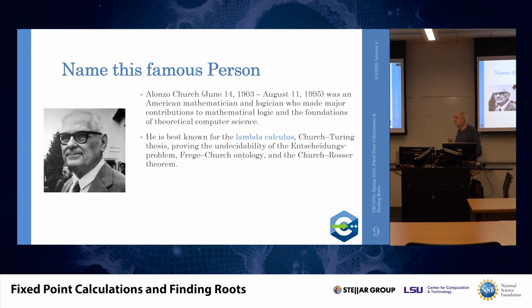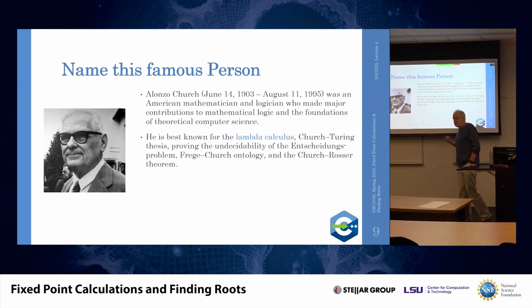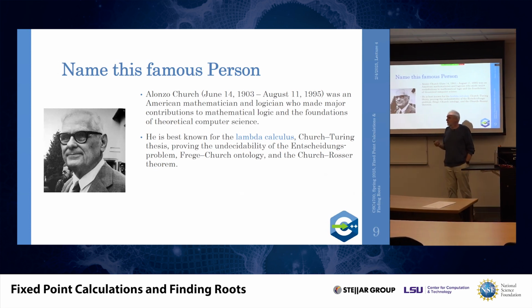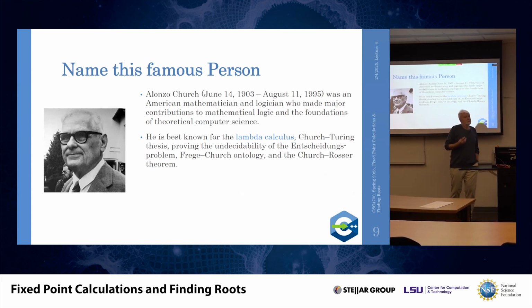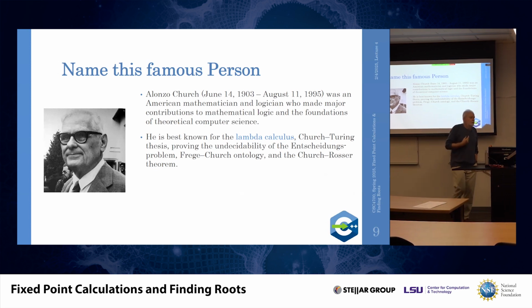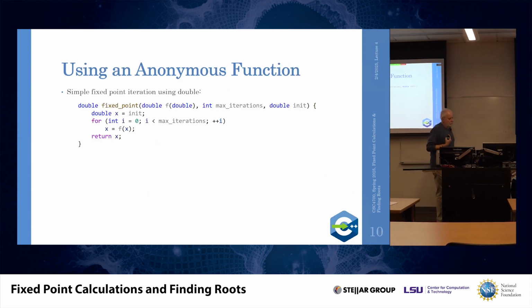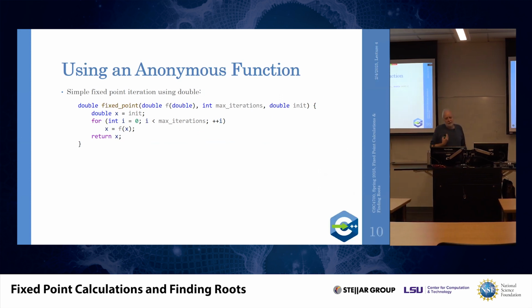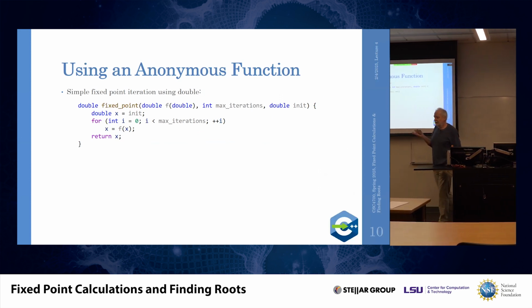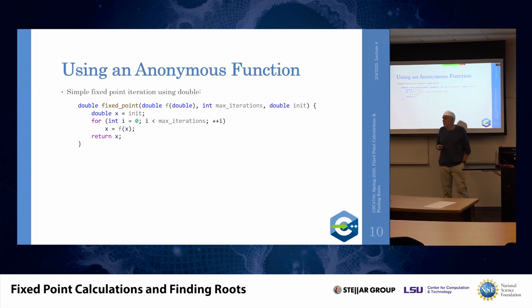Probably everybody has heard about lambda calculus. It's a formalism that describes how you can operate with functions and turn functions into higher level functions by passing them to other functions, and reason about these constructs. The reason I'm introducing him is because I would like to go back to what I actually already used in the last lecture, lambda functions in C++.